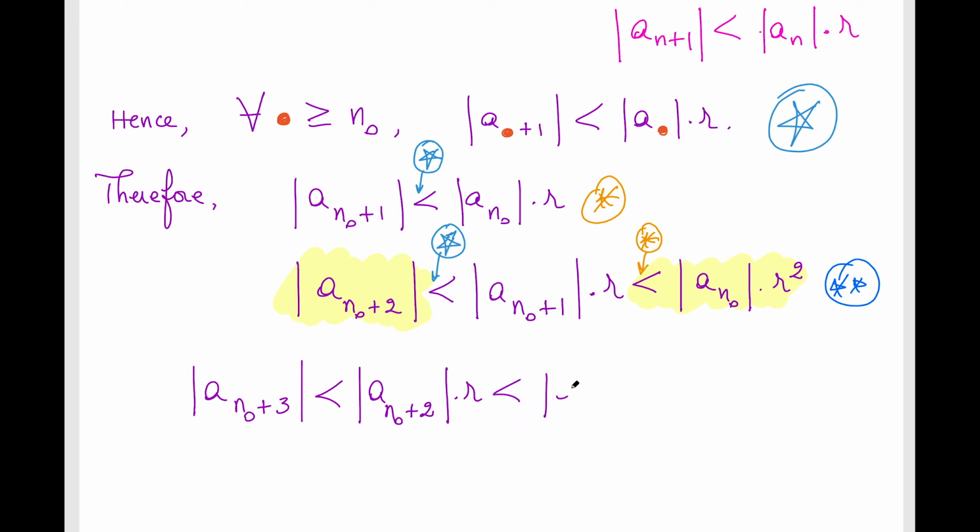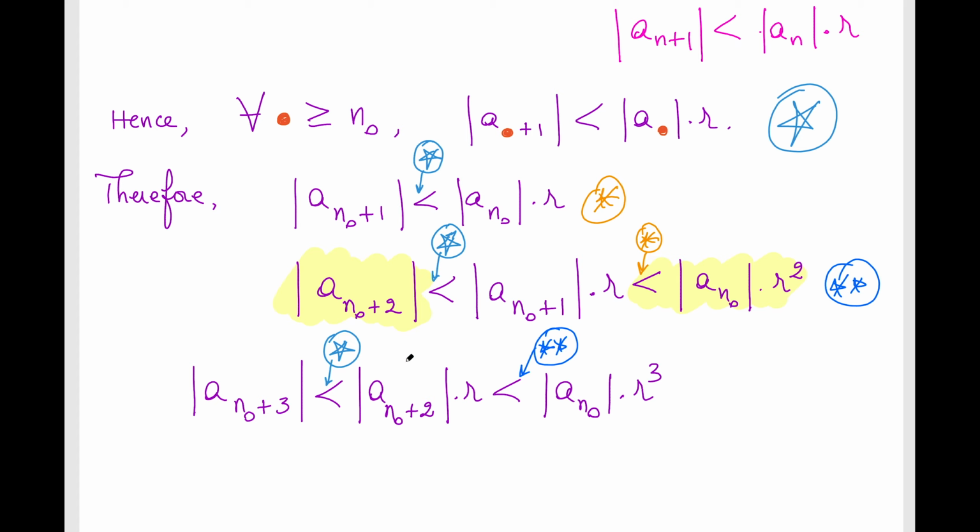So we get this. Again, let's be clear. So what did we use here? We used star, and we used here double asterisks for that upper bound. Correct?